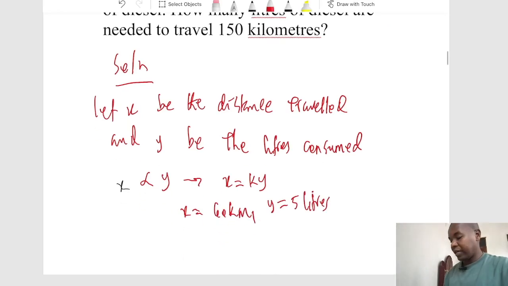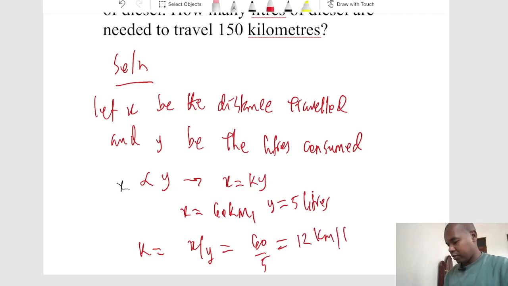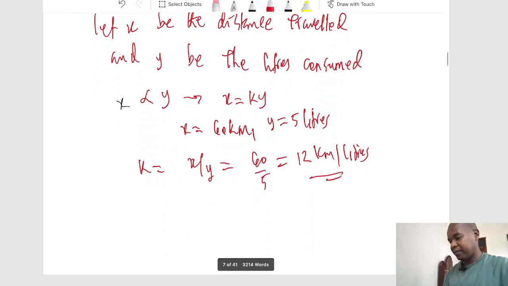So what is our k? k will be x over y, which is 60 over 5. You get 12 kilometers per liter. So actually this is a kind of consumption rate.